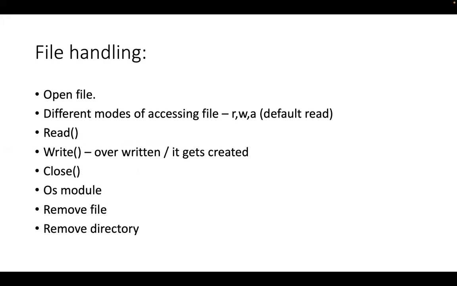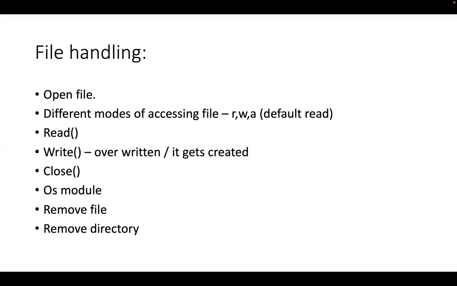When you access the file in write mode, it creates a file if it doesn't exist, or if it already exists, it overwrites the file, even if there is any content in it. And one disadvantage of open is you always have to close the object.